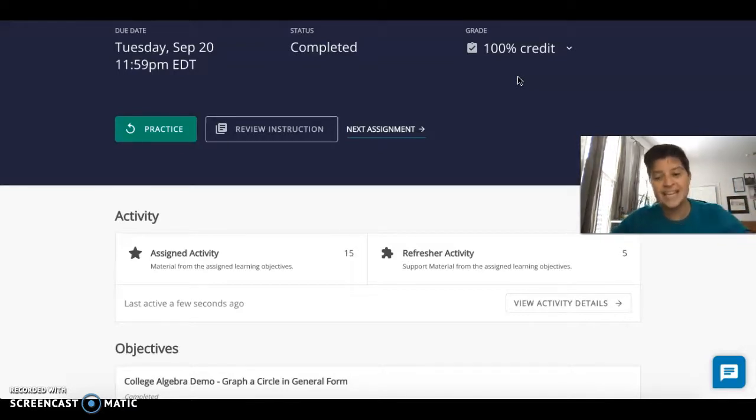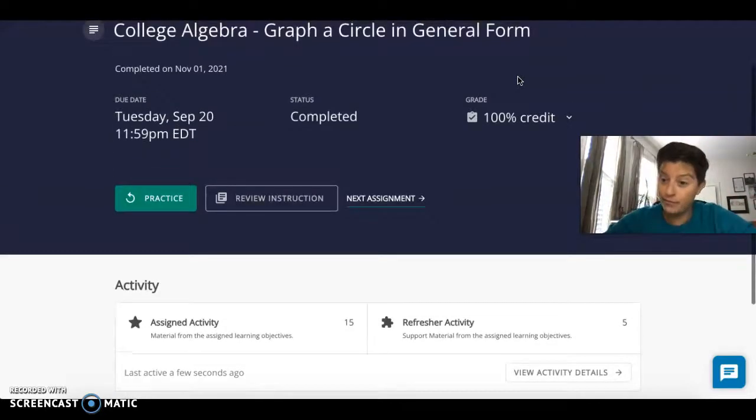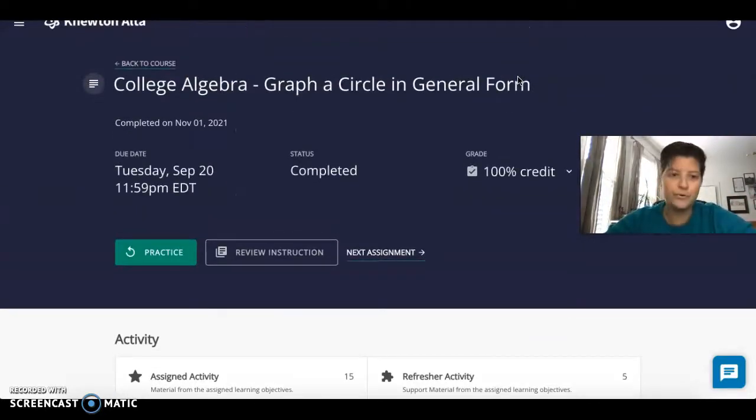They spend less time in refreshers as the semester goes on because they retain the knowledge they learned at the beginning and apply it throughout, which is also very nice. As the content gets harder, their homework actually gets shorter because they've been filling in the gaps as they go. So that is a brief product overview of Knewton Alta.